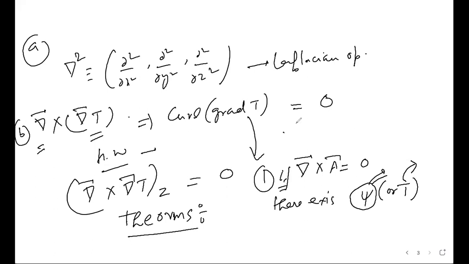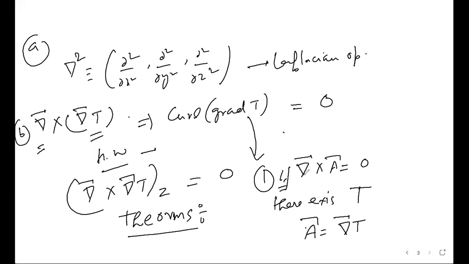For that, I would even just erase this. Let's be complete. Then you just say there exists a scalar T such that you can always construct A out of this scalar. You are seeing my point? So this is your theorem.